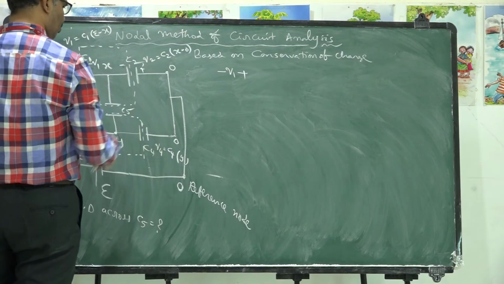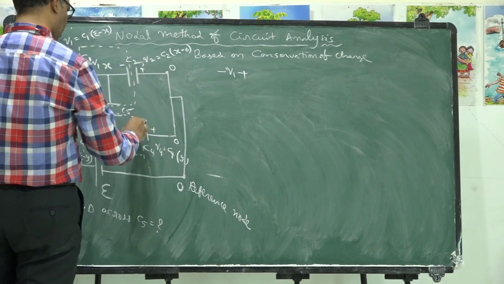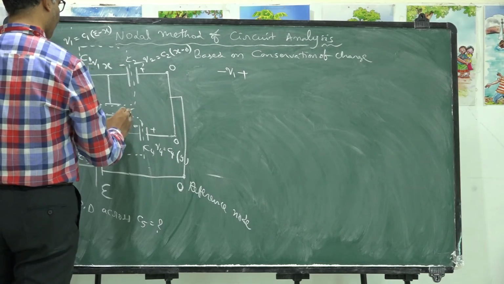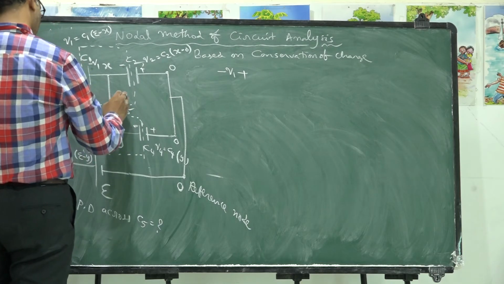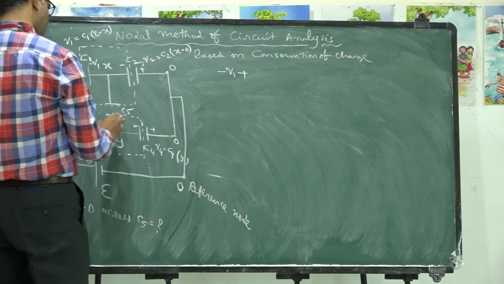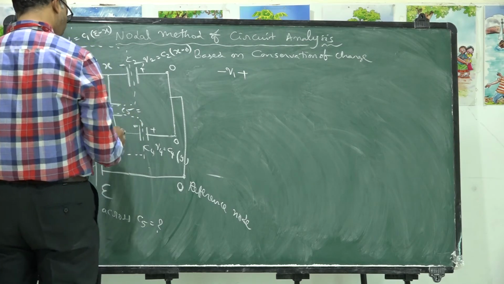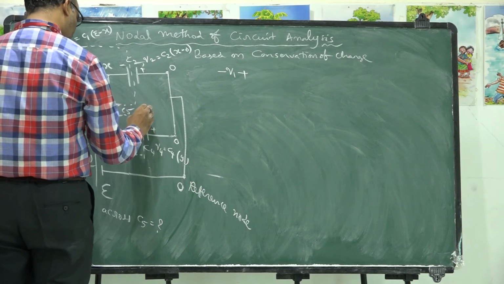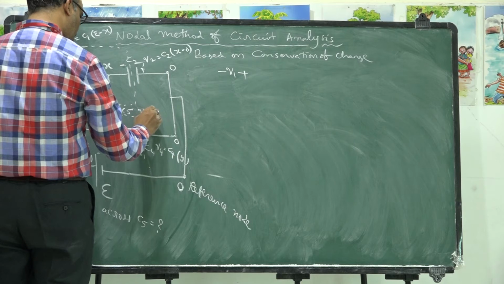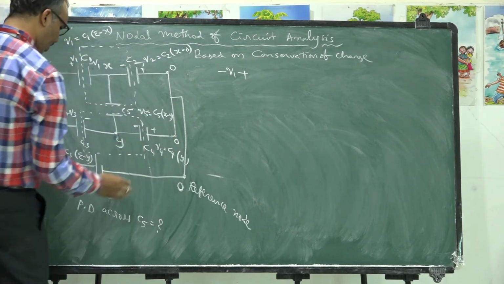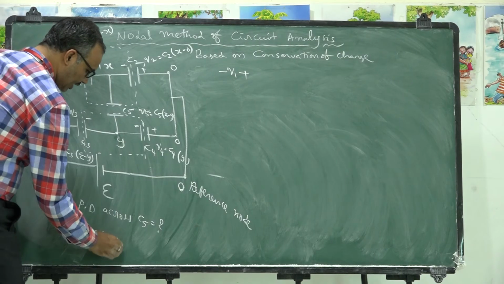So it is positive, it is negative. To know the charge available on C5, capacitance C5 into x minus y. Let me take x is greater than y, for time being.